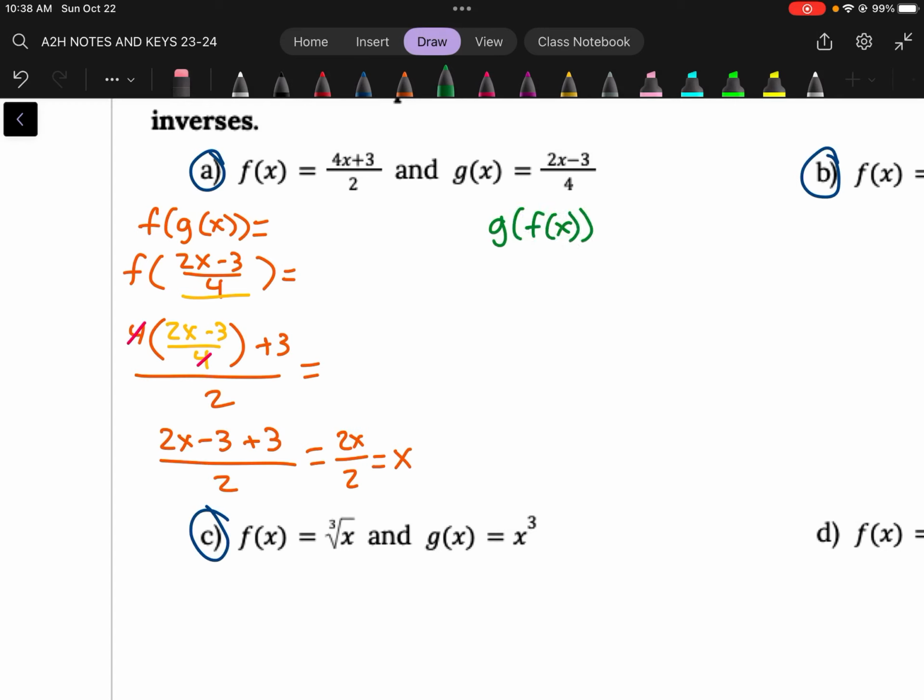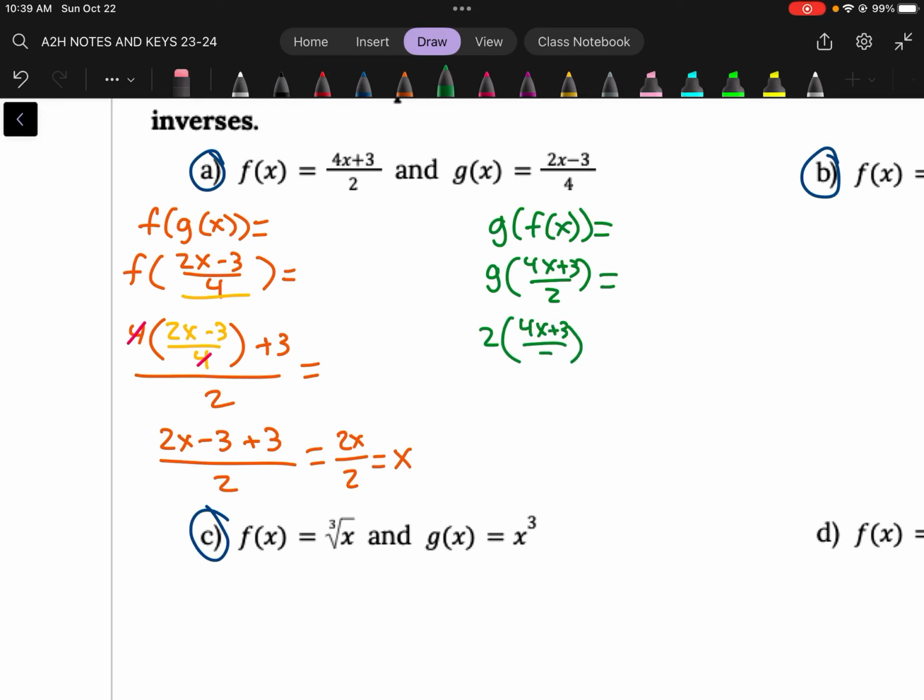All right, I'm going to pick a different color just to differentiate between the two. Let's try g of f of x, okay? And we'll see what happens here. All right. So now we're going to take g and put f of x in. So 4x plus 3 over 2. Same idea.